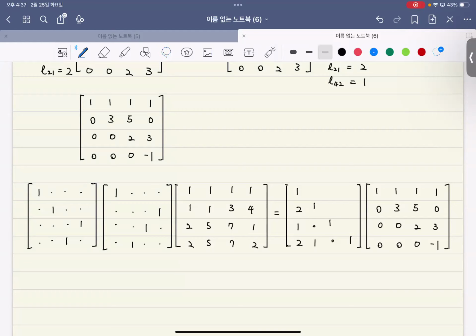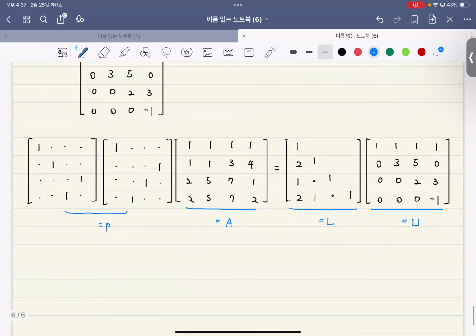So the product of these two matrices is called P, and this is A, this is L, and this is U. So we say this is the PA = LU factorization.